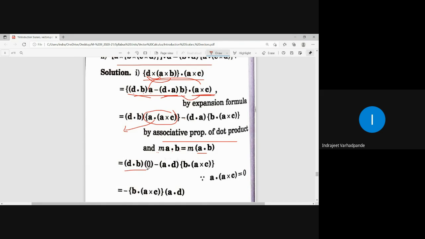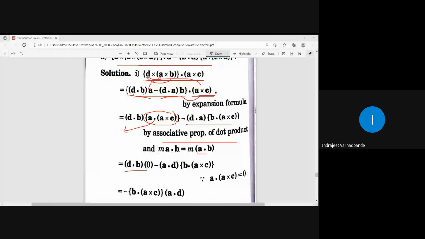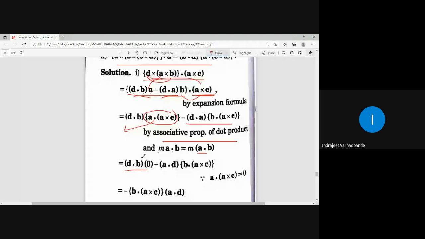So this is 0 multiplied by d bar dot b bar, or d dot b, which is 0. Only I am left with minus times d dot a into b dot a cross c. So that is how we find the result. But this d dot a can be written as a dot d, right? Therefore it is minus times a dot d into b dot a cross c.